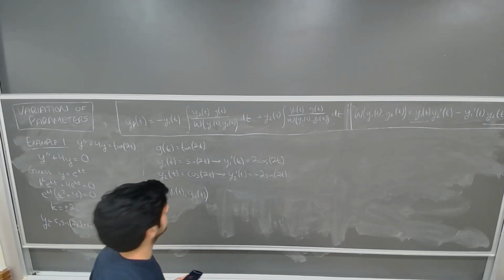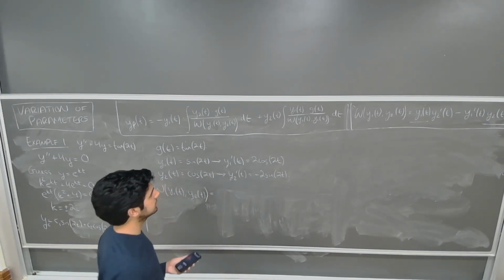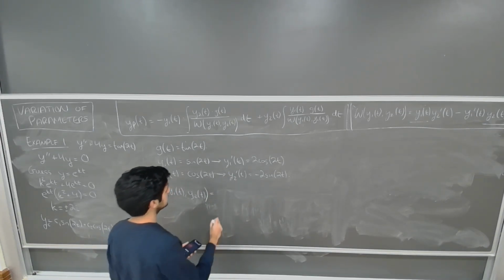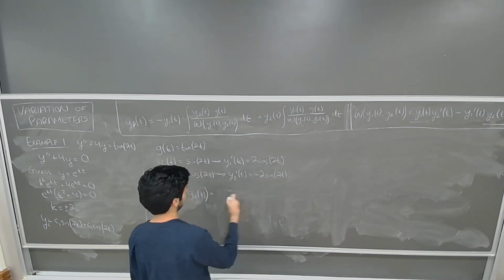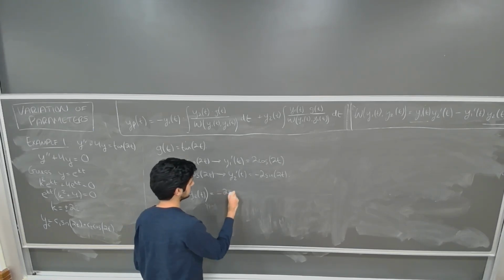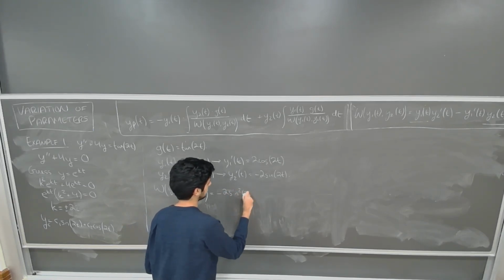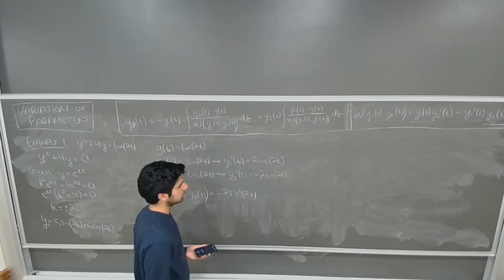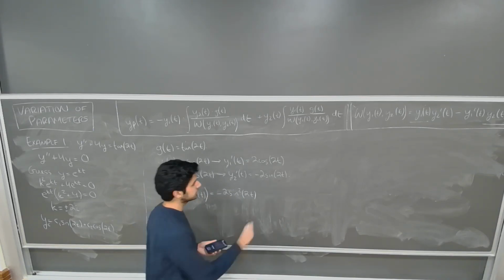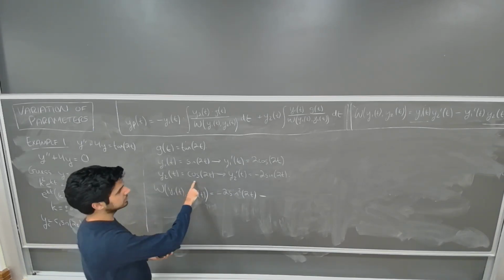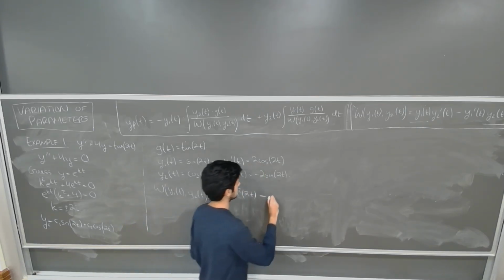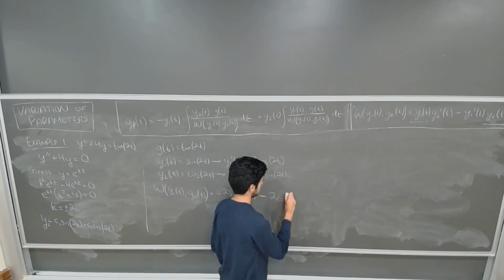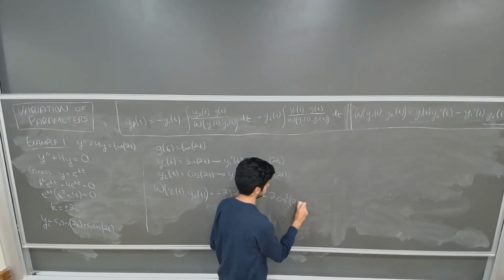Using that formula there, y1 of t times y2 prime of t gives us the product of this guy and this guy. So that'll be negative 2 sine squared of 2t. And then we subtract from that y2 times y1 prime of t. So the product of these two is 2 cosine squared of 2t.